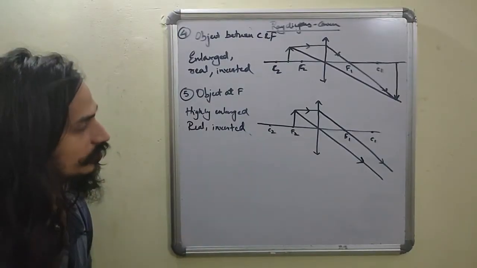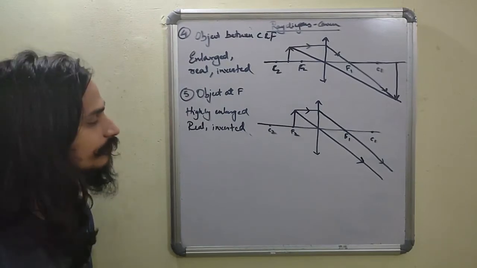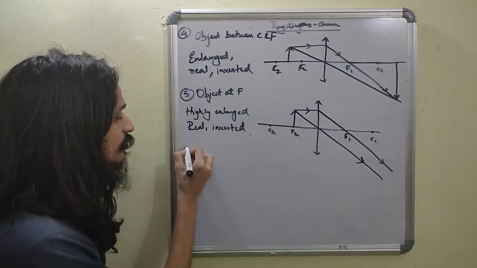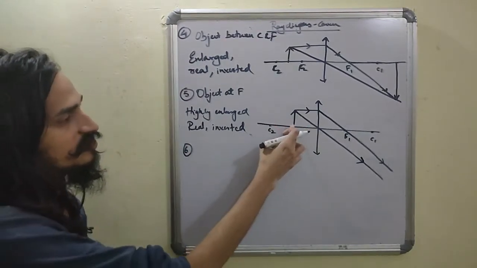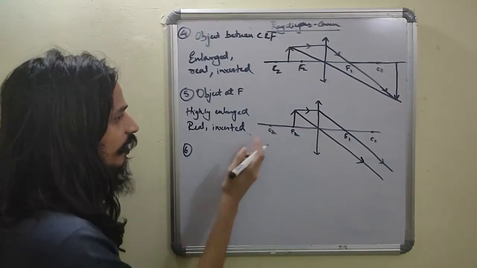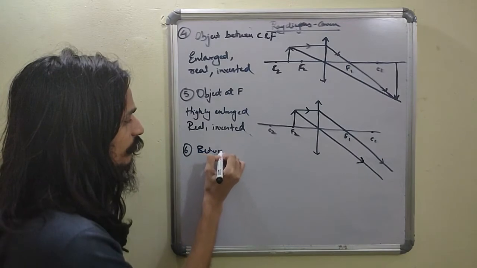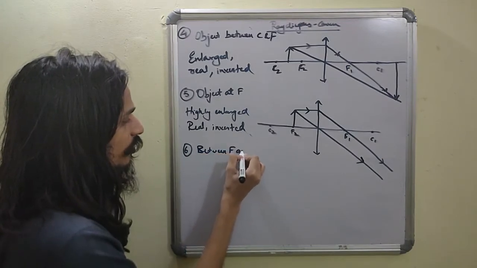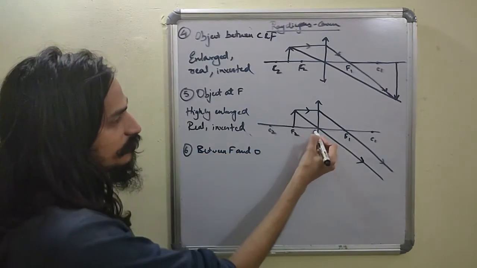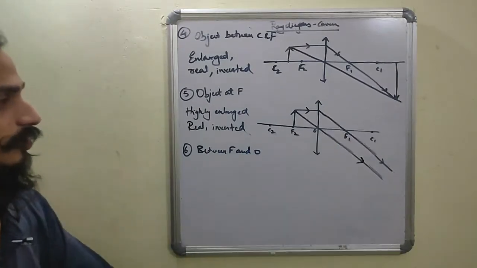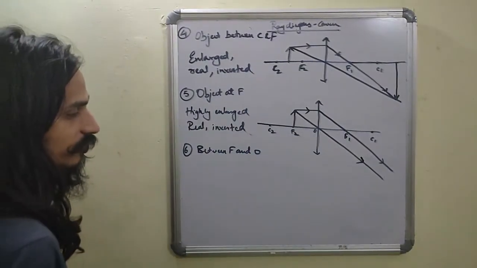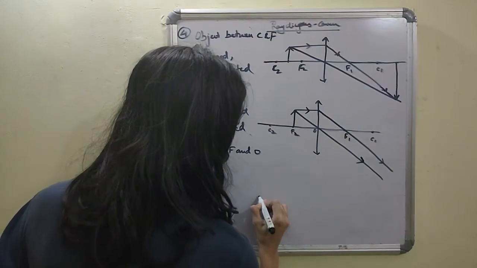Now, coming to the last case, which is nothing but one step further, between F and O. O is nothing but the optic center, which is this point over here. Now, if I have to draw this diagram, what would it look like?